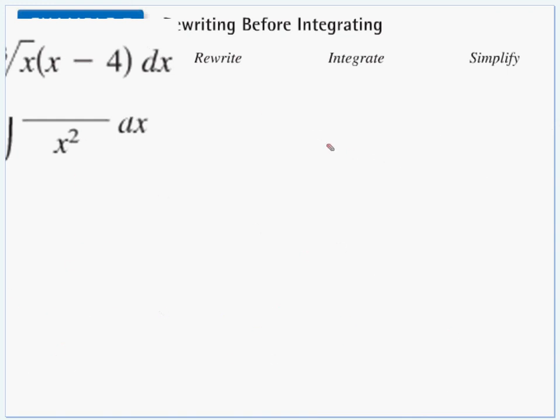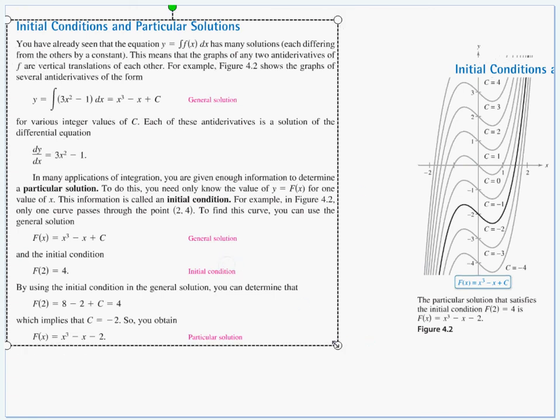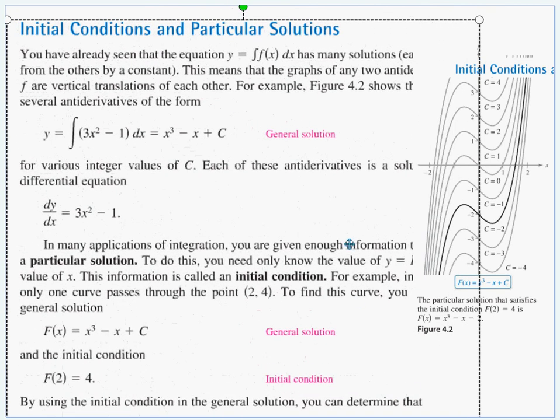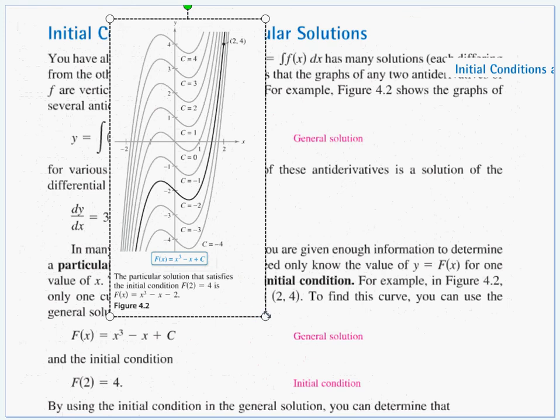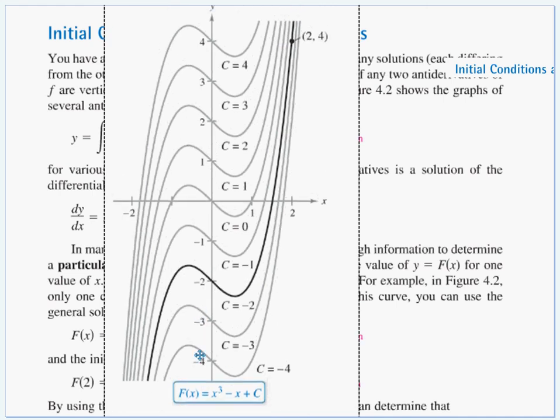Now, we talked earlier, we were finding general solutions. A general solution has a plus c. Particular solutions, we solve for c. Like over here, we've got a family of functions, x cubed minus x plus c. If we graph that, we're going to have these curves.